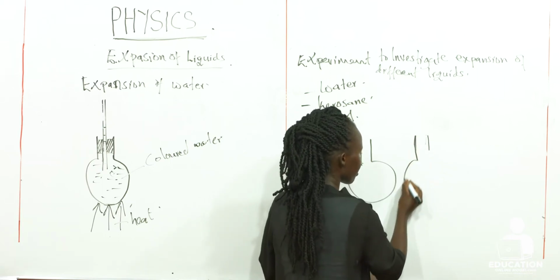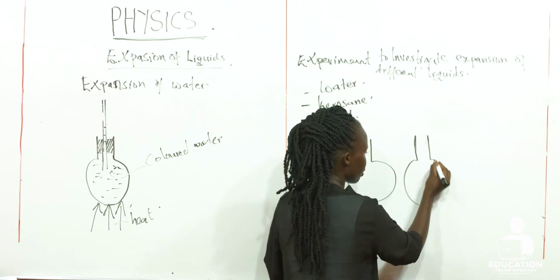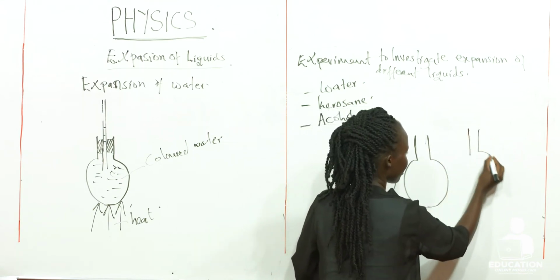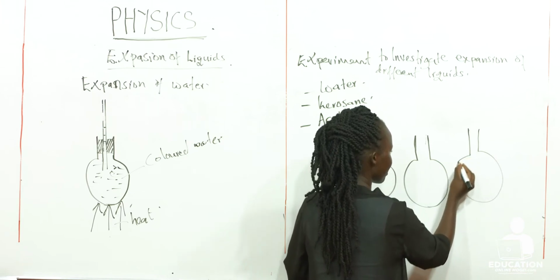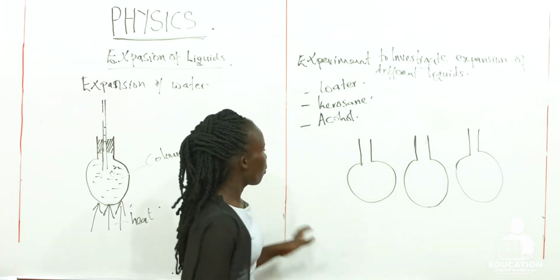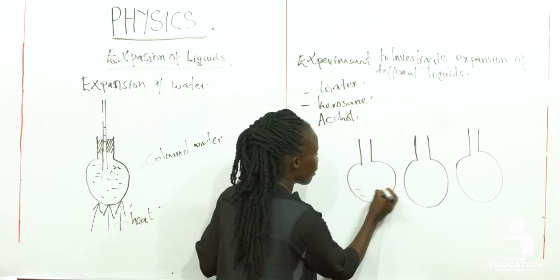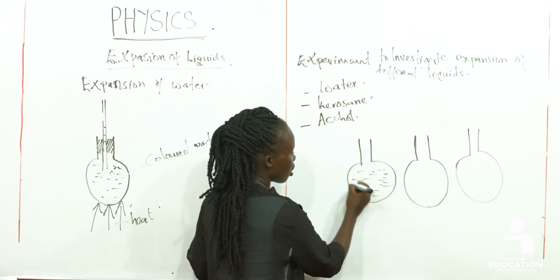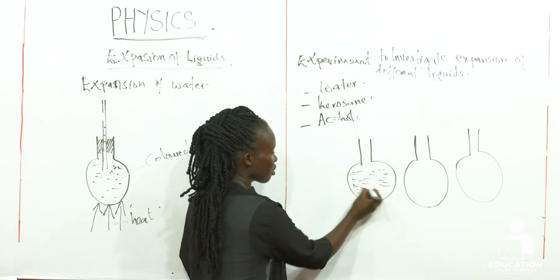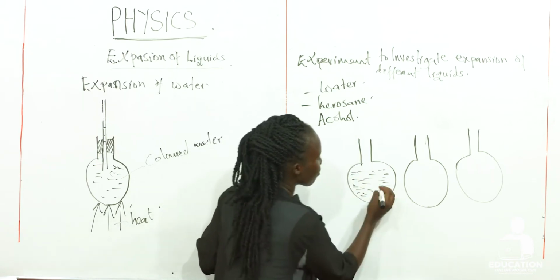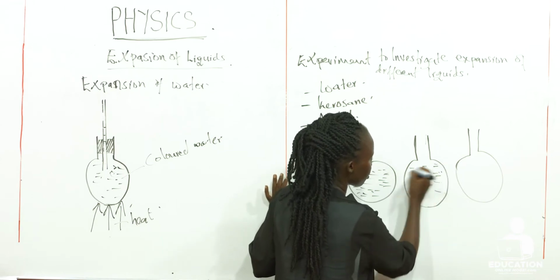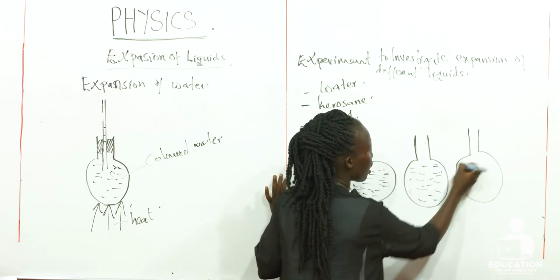This is just a sketch drawing. So we have another flask here. So now there are three. We shall fill these flasks with these different liquids. So we shall have our water, the alcohol, and our kerosene.